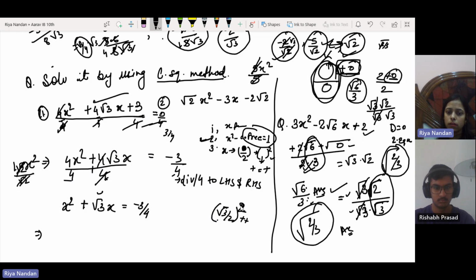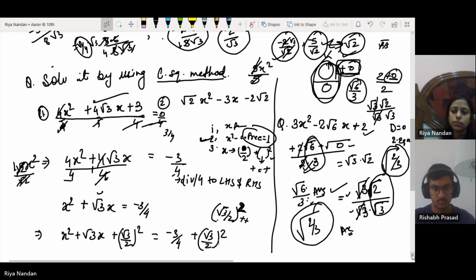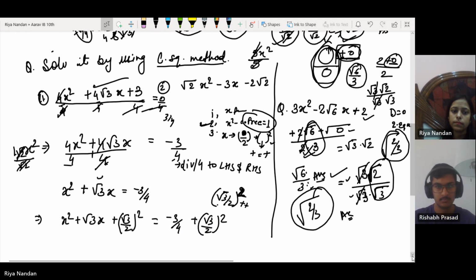So I have squared it, and then put the value: x square plus root 3x plus root 3 by 2 whole square is equal to minus 3 upon 4 plus root 3 upon 2 whole square. Clear?